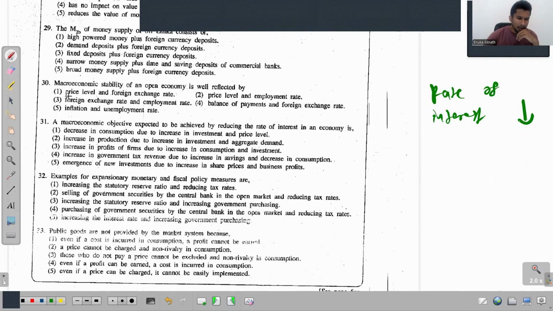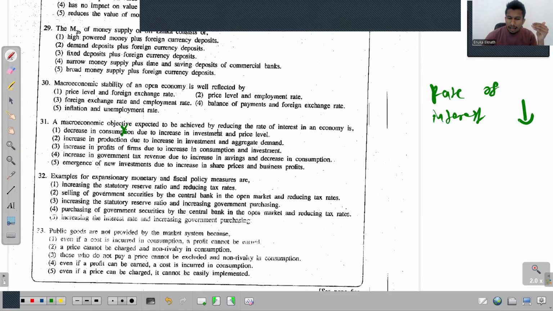Let's see what will happen. Decrease in consumption due to increase in investment and price level. See that this is the problem. When the rate of interest is decreased, consumption increases, not that it gets reduced. So this part is wrong.